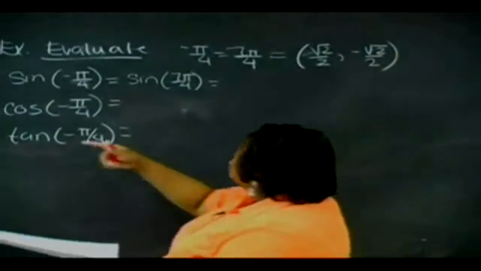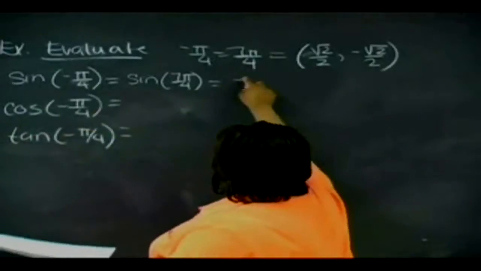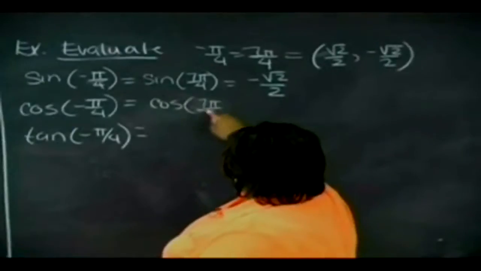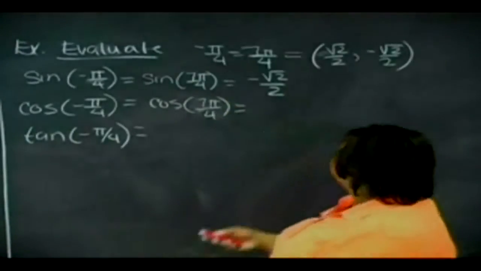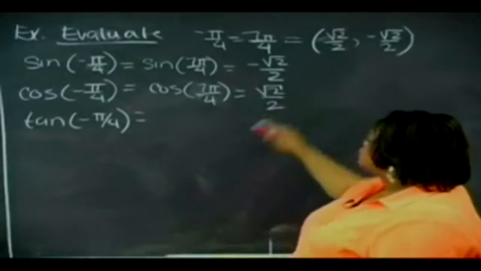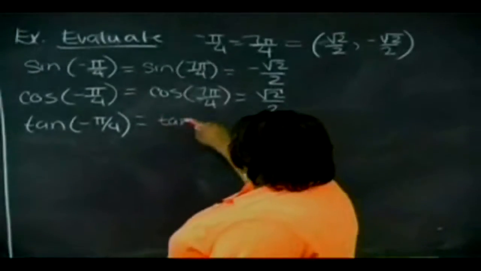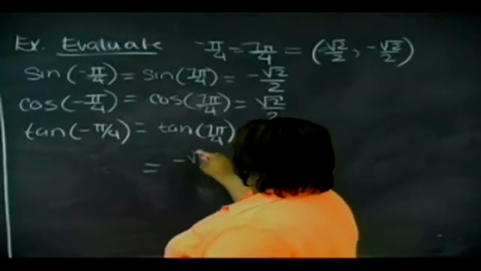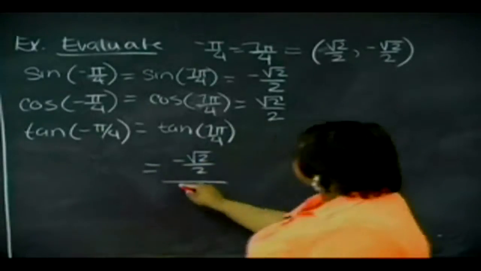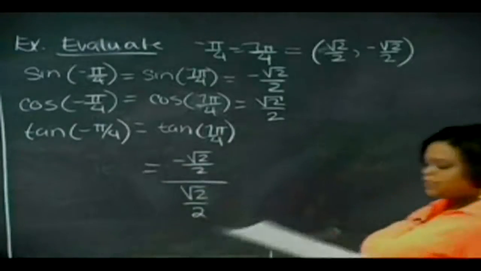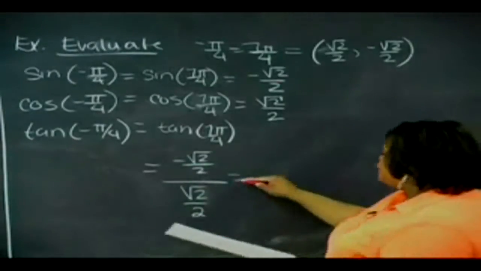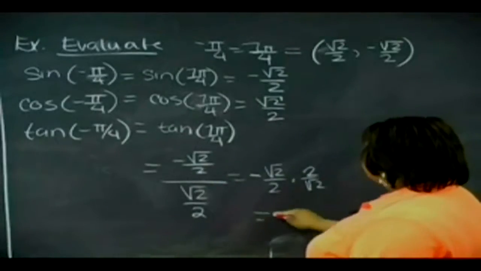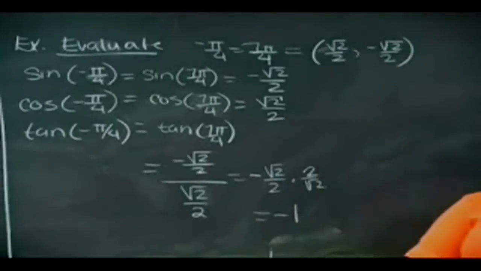So this means that Y is sine. So that's negative square root of 2 over 2. Cosine is represented by the x. And what is tangent represented by? Tangent is Y over x. Which means if we take the reciprocal of the bottom one, we'll get negative 1. Okay? Negative 1.